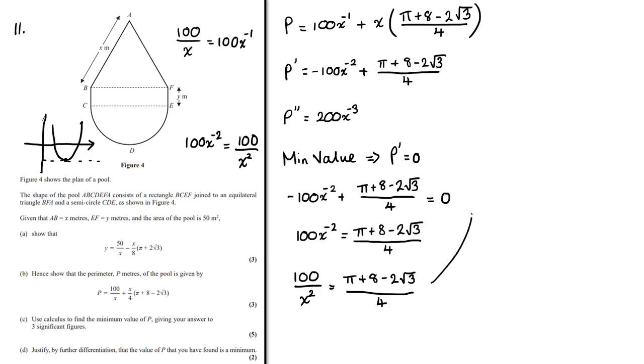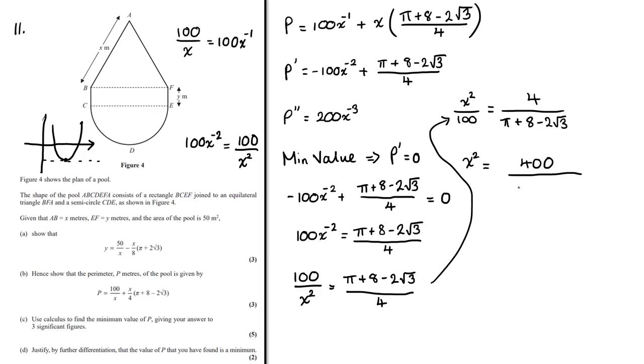So what I'm going to get then is x squared over 100 is equal to 4 over this expression here, pi plus a minus 2 root 3. And therefore, if we want x squared, we just times everything through by 100. So that's going to be 400 over pi plus a minus 2 root 3.